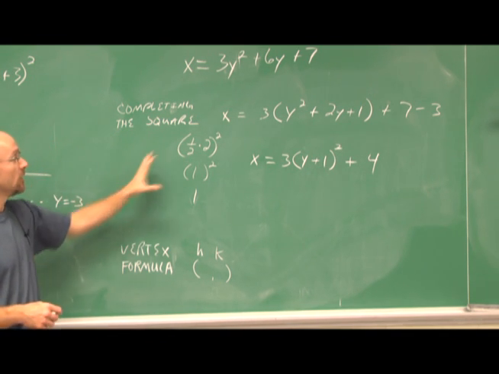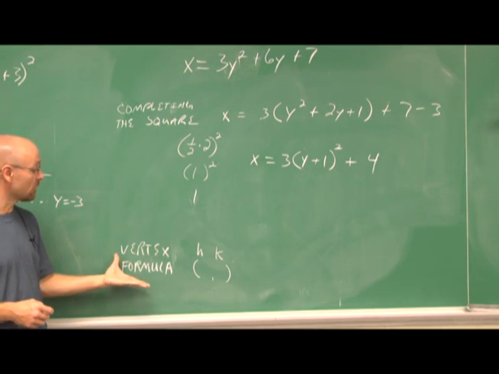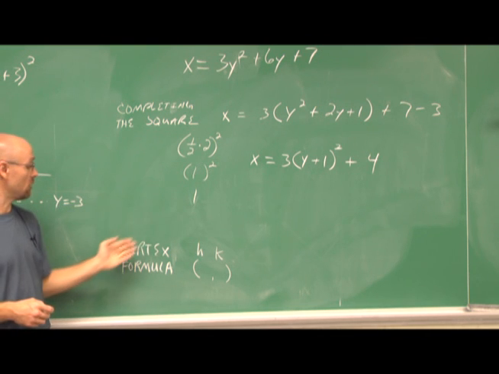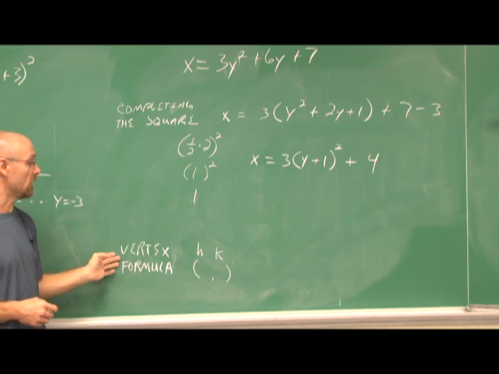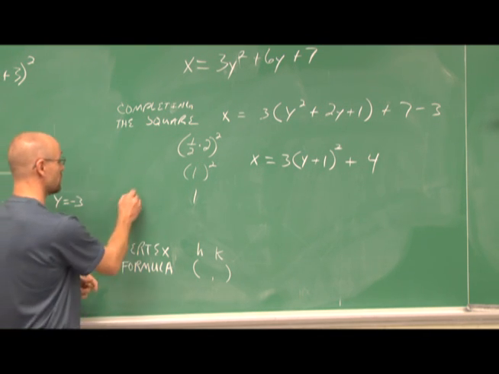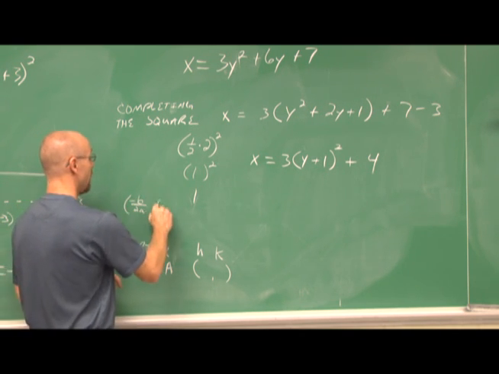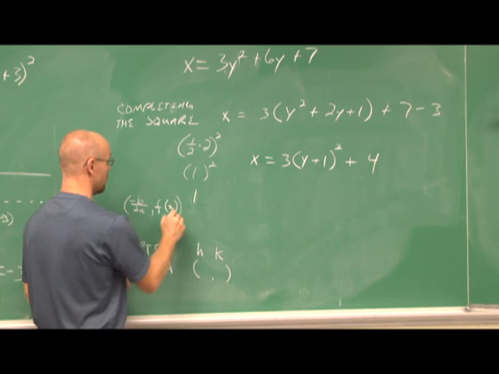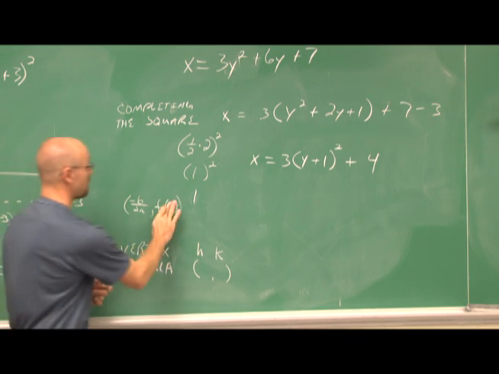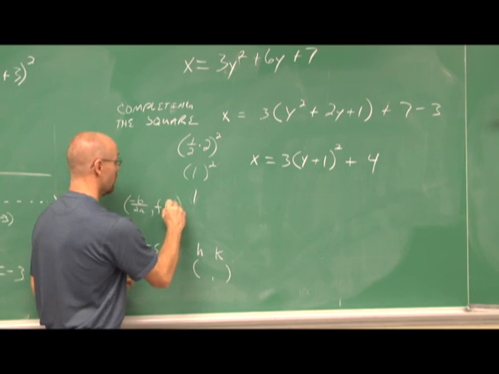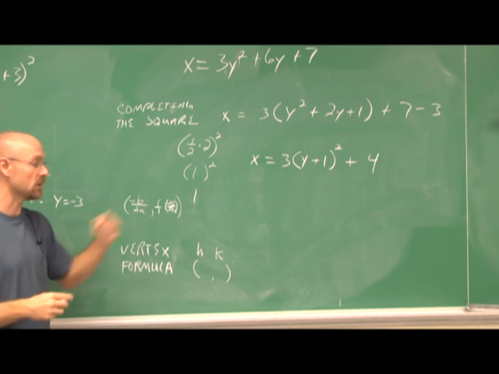So what is another method that we learned instead of completing the square? Well, we talked about the vertex formula. If we recall for parabolas, it was -b over 2a, and then the function evaluated at that value. Plug it in and see what you get.